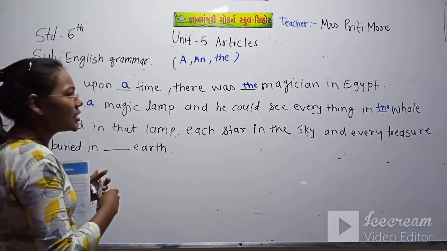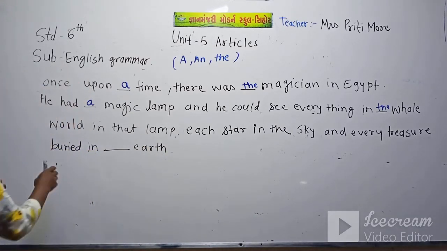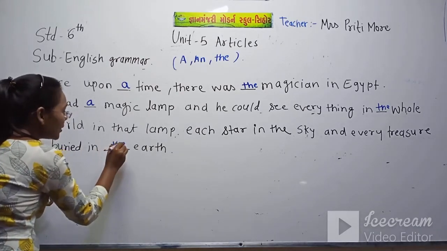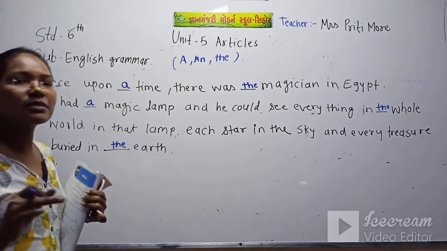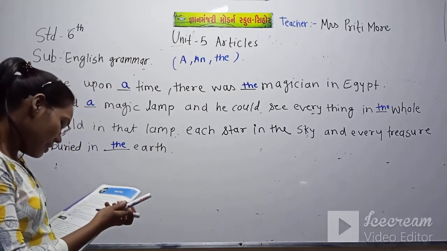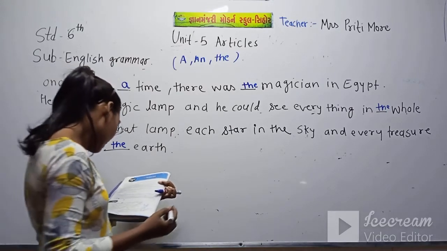So each star in the sky and every creature buried in the earth. Why are we writing here the? Because earth, everyone is familiar with the earth. That's why we use here the article.